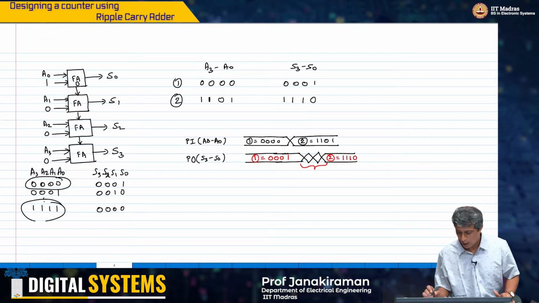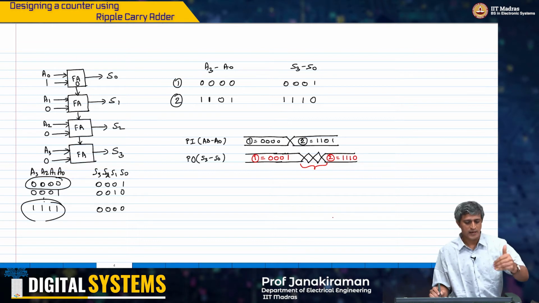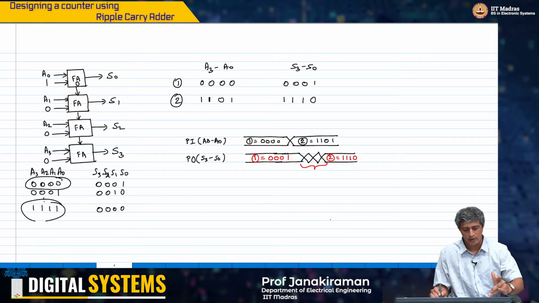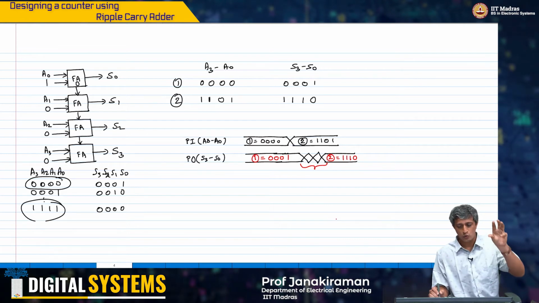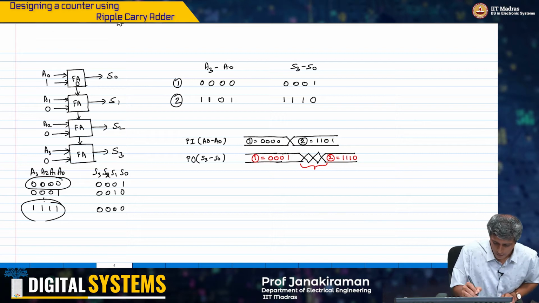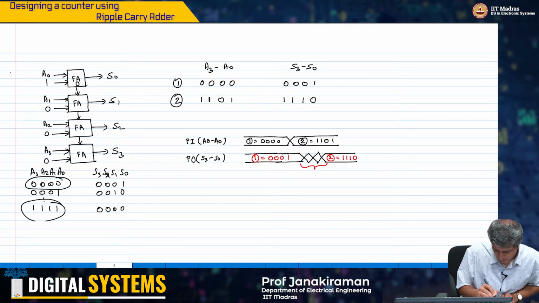Now just think of what happens. The input A0, A1, A2, A3 changes from all zeros to 1 1 0 1. So I'll put that in magenta.